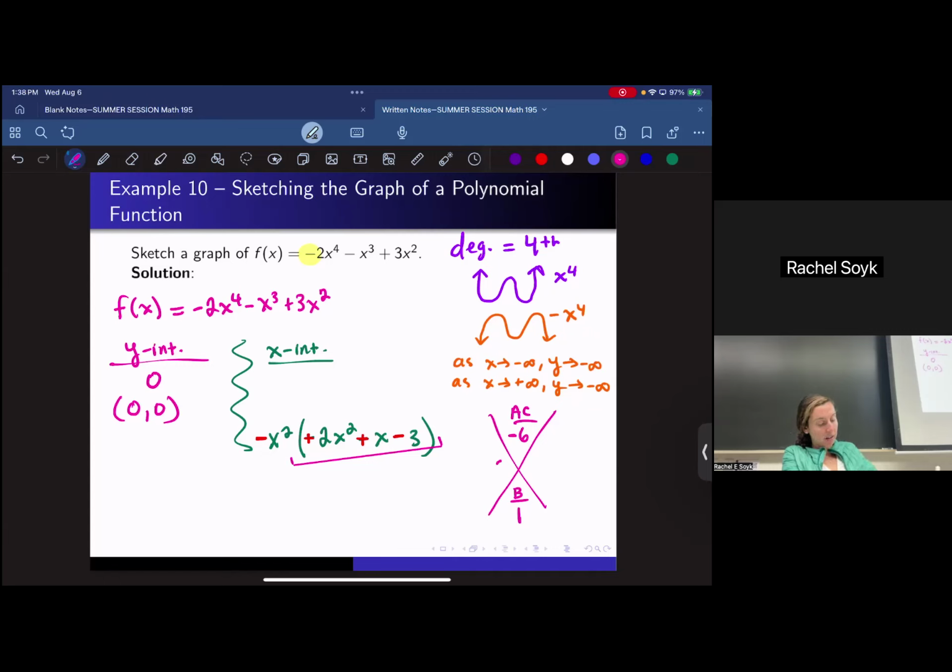Yeah, exactly. 3 and negative 2, right? So now we can utilize our factor by grouping. You keep the first term the same. So you have 2x squared minus 2x plus 3x minus 3. Just manipulating this, I put the 2 first instead of the 3 because we can clearly see we can factor that.